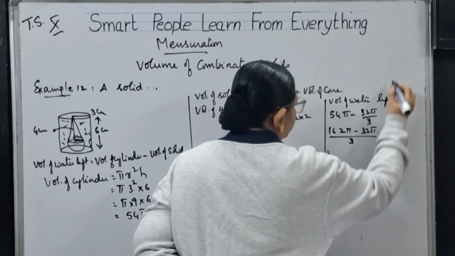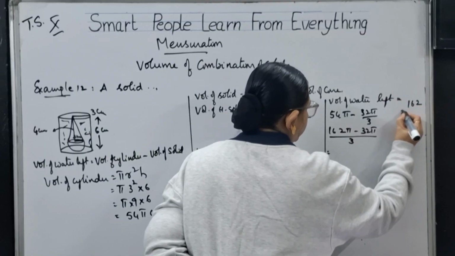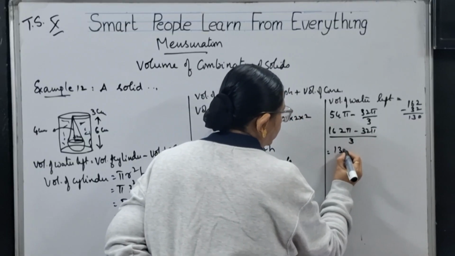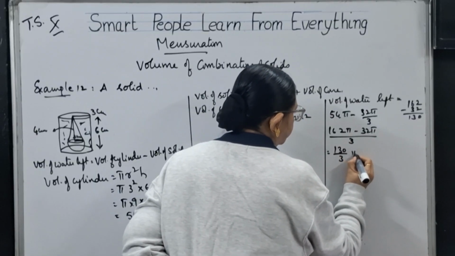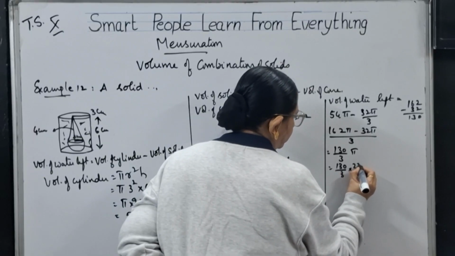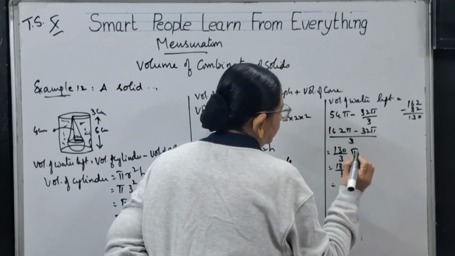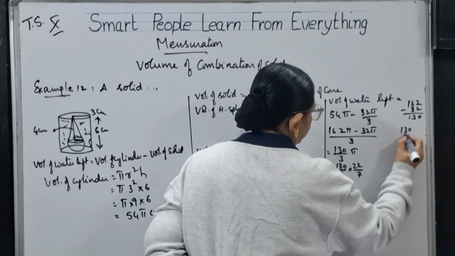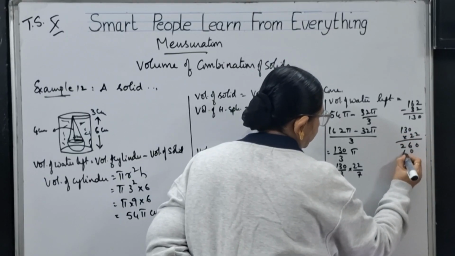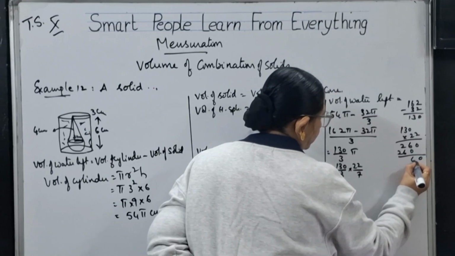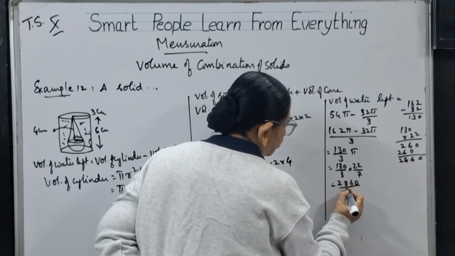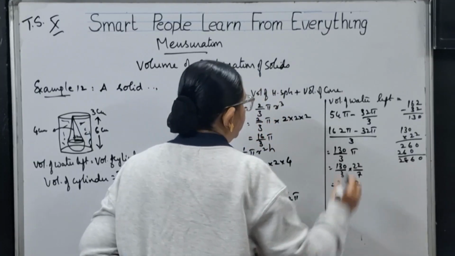That is 162 minus 32, which is 130 by 3 pi, that is 130 by 3 into 22 by 7. So 130 into 22 is 2860.